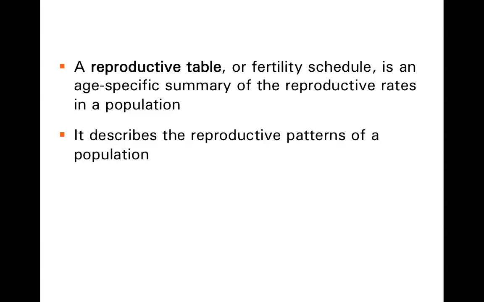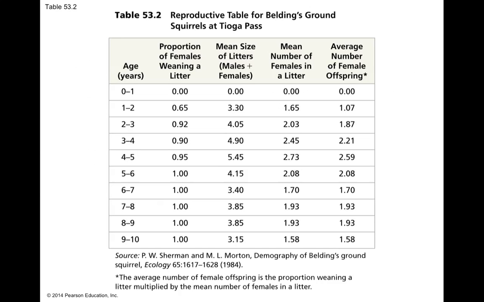So we can come up with a different type of table called a reproductive table, looking at how the age of the mother affects her ability to reproduce, or what we call fecundity. So here is a fecundity table, or a reproductive table, for these Belding's ground squirrels, and you can see that females aged 0 to 1 aren't sexually mature.